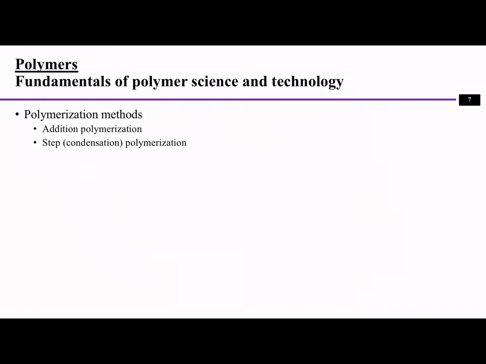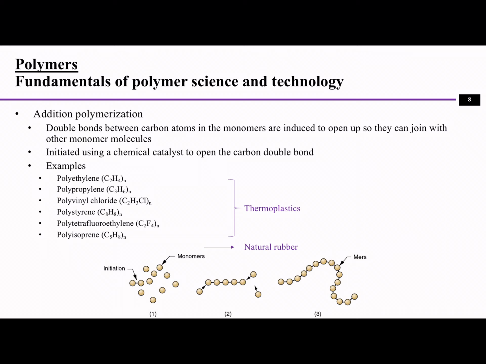There are a couple of different ways of polymerization. One is addition polymerization, and the other is step polymerization. First, let's look at addition polymerization. There is a carbon-carbon double bond between carbon atoms.